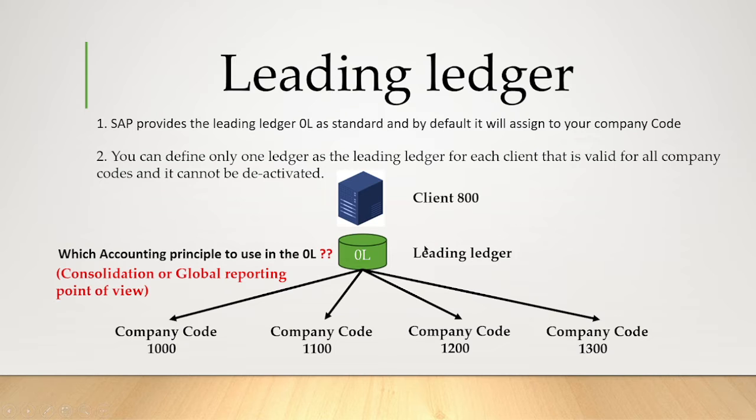Here the main important decision is which accounting principle to use in the leading ledger. That purely depends on your consolidation or global reporting point of view. For example, in India you have established one business and you have a global presence in US and UK. Then as per India consolidation, you have to follow Indian accounting standards for the leading ledger.